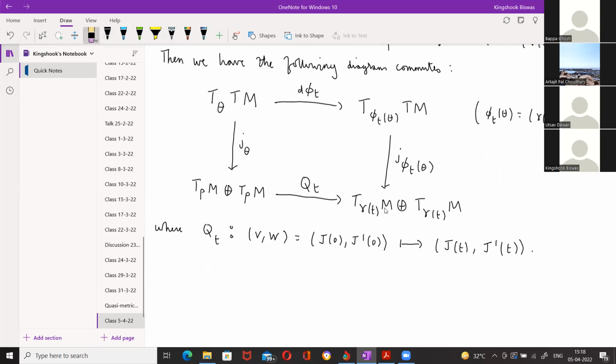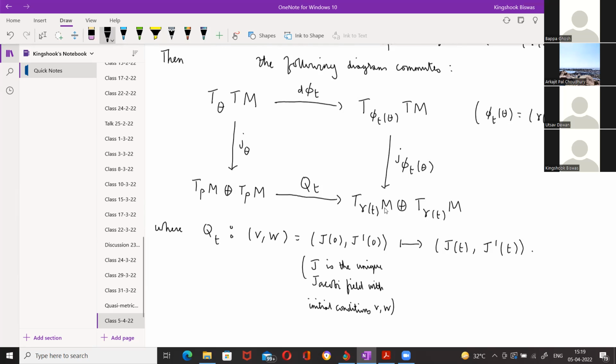So in the following diagram commutes, this J here is the unique Jacobi field with initial conditions (v, w).